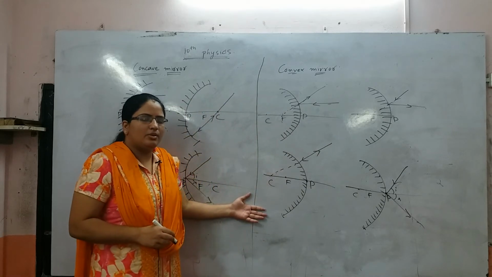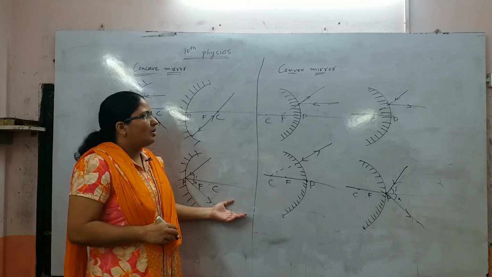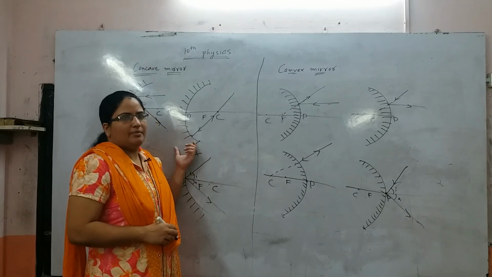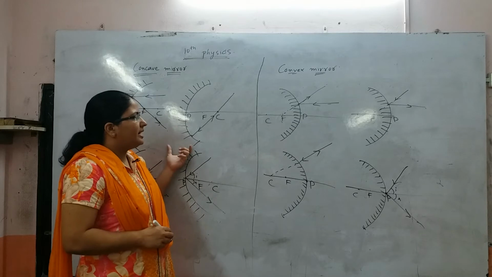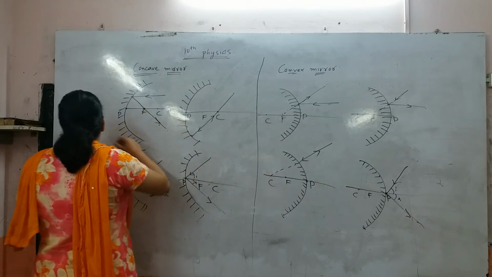Let us discuss in today's class the ray diagrams for concave mirror. Now before going to the ray diagrams, we will discuss what is a real image and what is a virtual image.